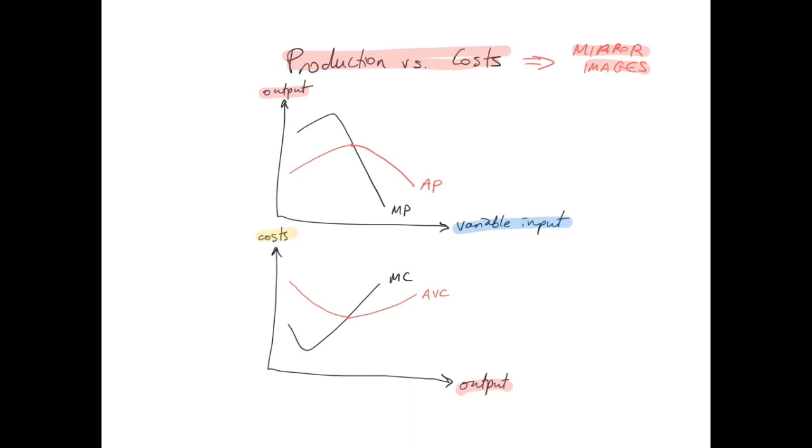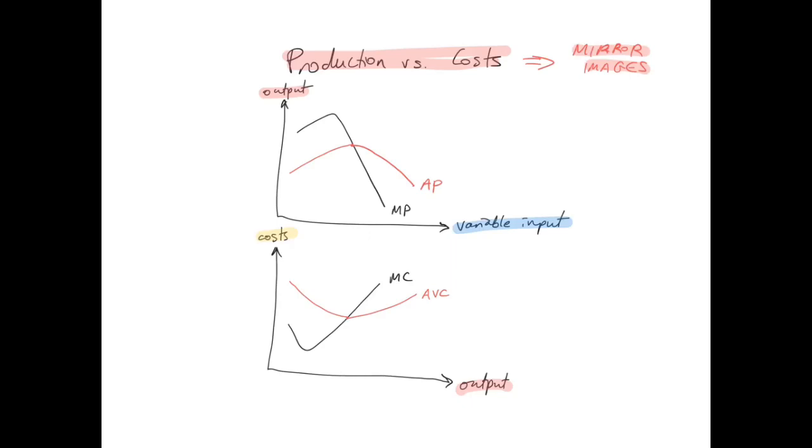When marginal product is increasing, marginal cost is decreasing. When marginal product is decreasing, marginal cost is increasing. When average product is increasing, average variable cost is decreasing. When average product is decreasing, average variable cost is increasing.